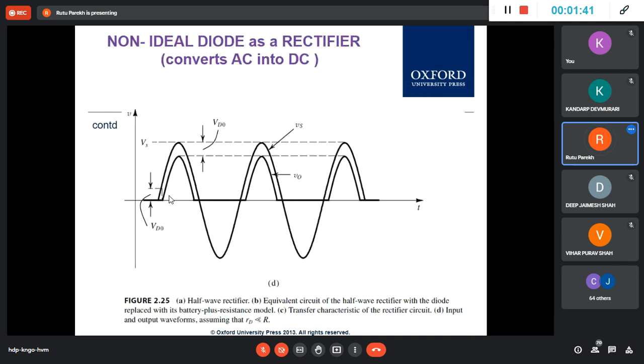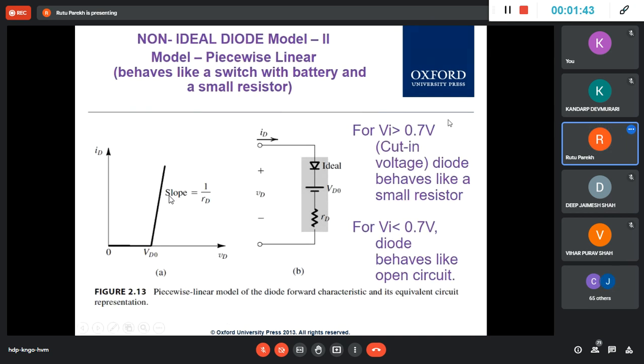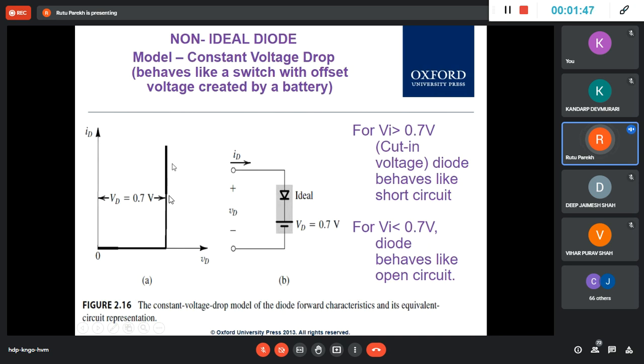Then linear, we saw all this, right? So this was the ideal diode model we first used. Then this is the constant voltage drop model, where you will see a constant drop of 0.7, and we approximate that after 0.7 unlimited current will start flowing and the drop will remain 0.7.